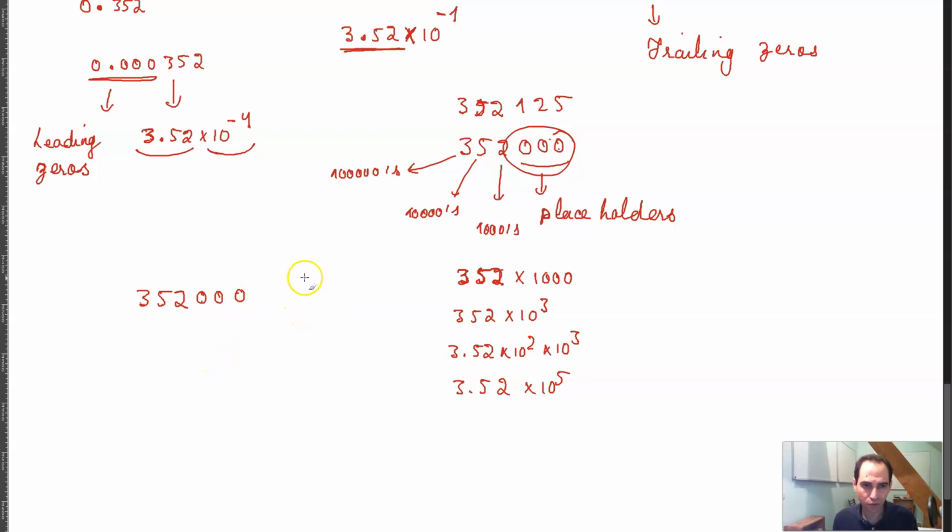To indicate that these zeros are significant, you would write this number as 3.52000 times 10 raised to the power, for example, 5. That shows that this number has 6 significant figures, and the decimal point goes over here because you're multiplying by 10 raised to the power 5, right?